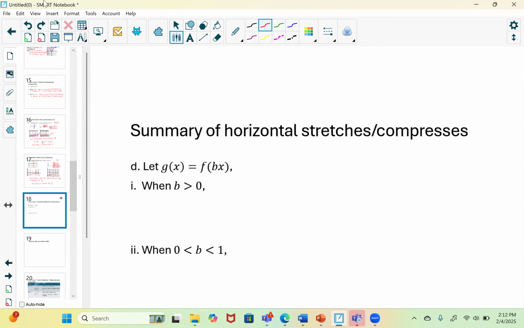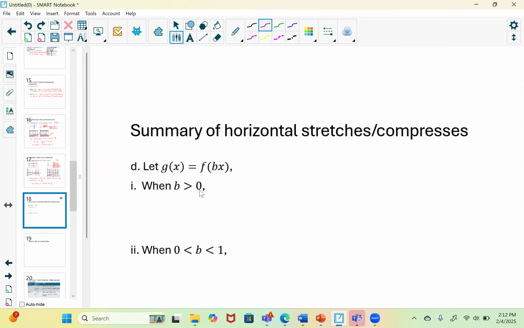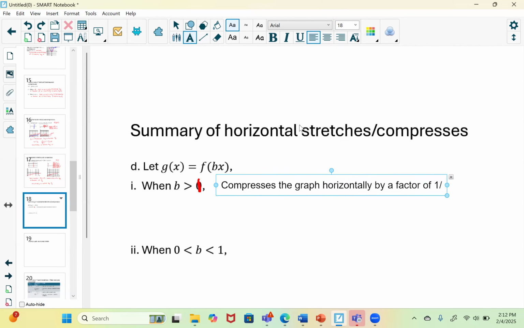So kind of a real quick summary of it is when b is, and again, this should be greater than 1, it compresses the graph horizontally by a factor of 1 over b.